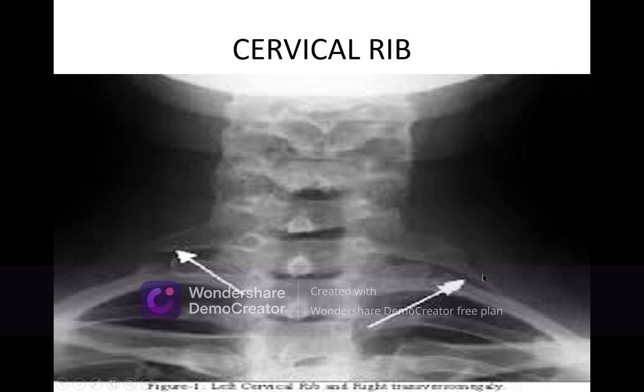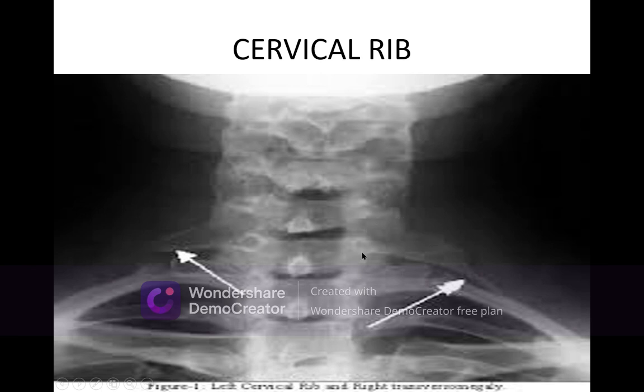It comes on the lateral side. It will not come like the first rib. The first rib will come like this. This is not the first rib. It's an accessory rib because it's a short one. It ends here. The first rib is here, this one. So this is an accessory rib, bilateral. It is a complete cervical rib.